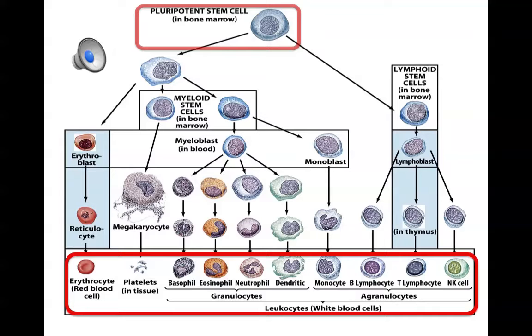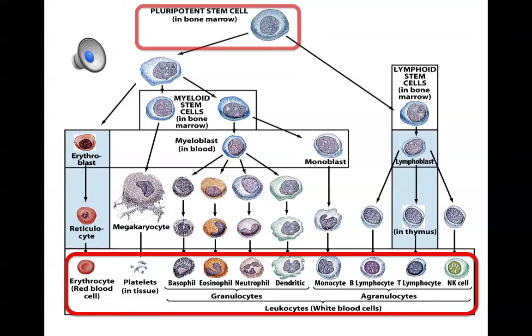Not only white blood cells, but also red blood cells, and even tiny little pieces of cytoplasmic membrane and cytoplasmic contents of cells that we call platelets. Well, they're not really cells, they're fragments of cells, but that's for further discussion.